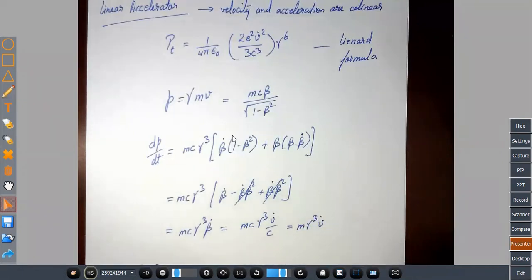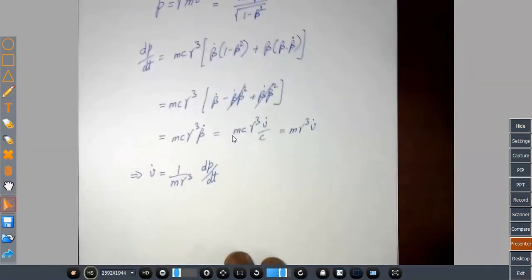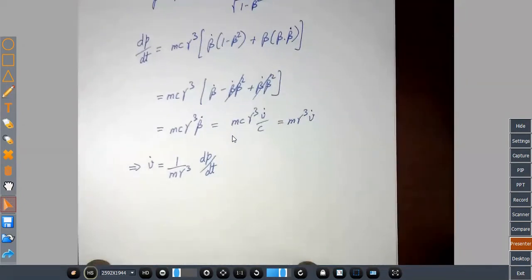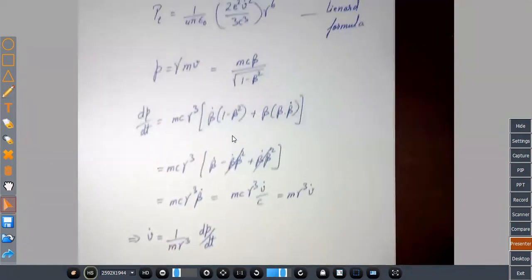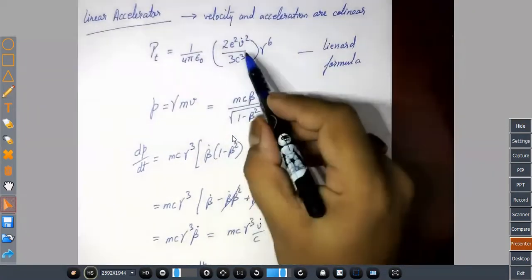Now this implies that, I will substitute this value of v dot into the Larmor formula.